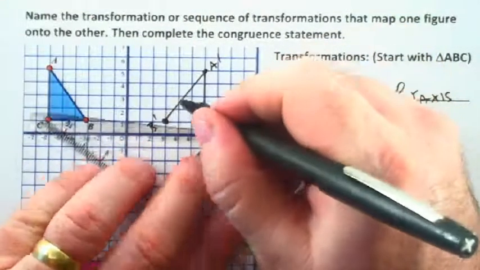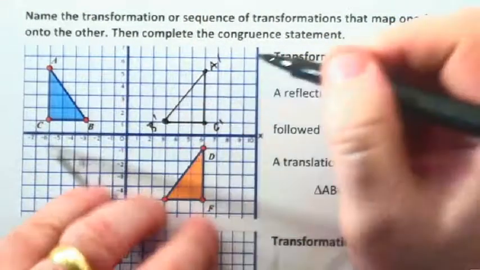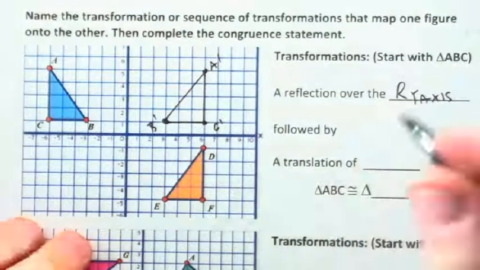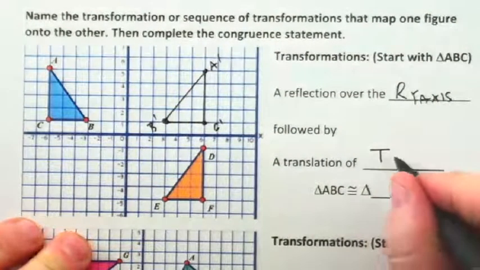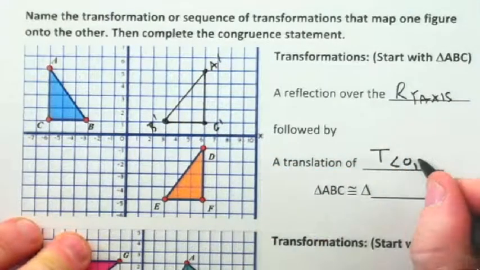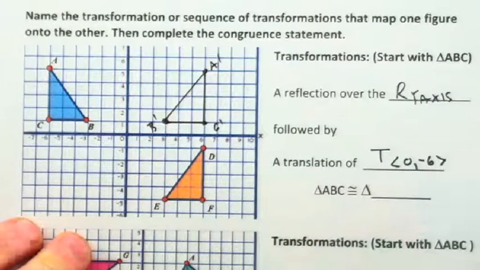The setup works nicely, and then the final step, of course, is a translation that goes straight down. The x stays the same, and we want to go down 6 spaces.